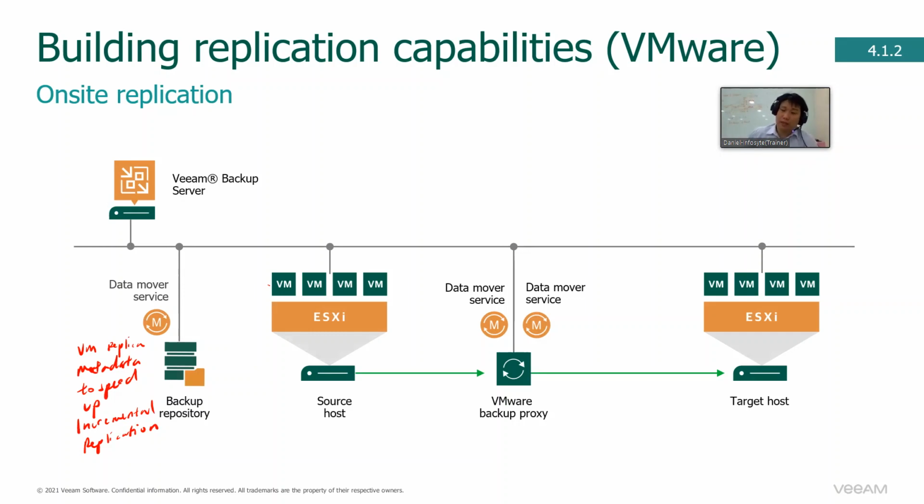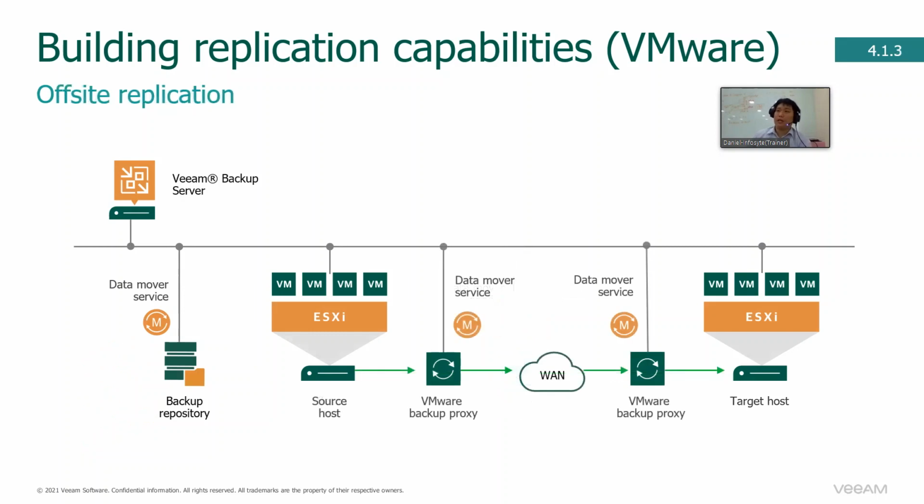Using this particular metadata set, if the backup repository metadata has some issue, your next incremental replication will be slower. That's about it. It does not actually carry any important production data or backup data. It's just a supporting element in the replication to speed up the process. Over here, you will see the repository has something we call CBT. They don't use the native CBT because running replication is a bit different here.